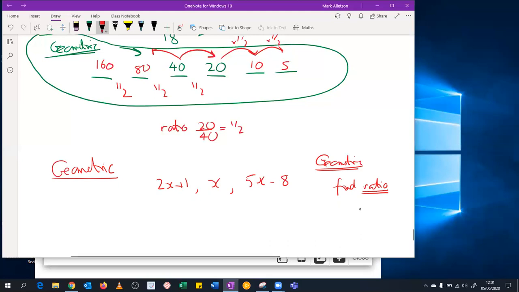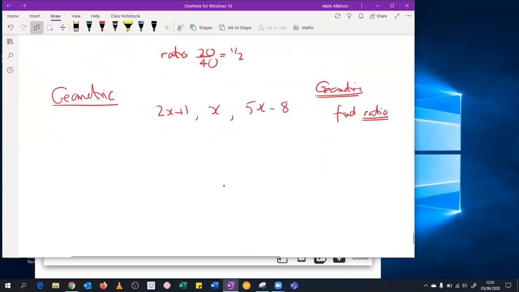So if that's the case, and we have a geometric series with these three terms, the way you're finding the first ratio is how you get from this one to this one. You would do x divided by 2x plus 1. That's this one divided by its previous one. Well, that ratio, call it r, must be equal to this one here, 5x minus 8, divided by x.